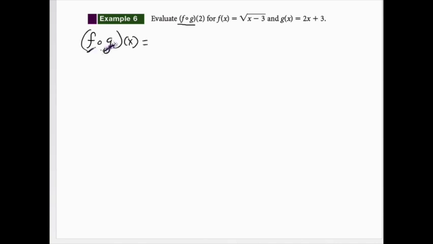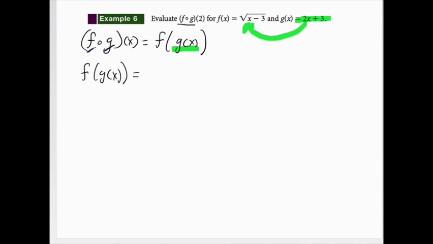Because f is on the left here, it's going to be on the left in the new notation, and g is going to be on the right. So f of g of x. So that means I'm plugging in g of x into the function f. So this whole thing here, 2x plus 3, is going to go into that x, because that's the x in function f.